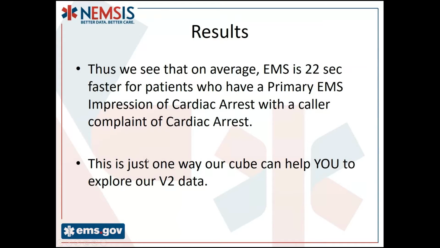So the result is that EMS is on average 22 seconds faster for cardiac arrest patients who are called in as cardiac arrest as compared to cardiac arrest patients where the call or complaint is something different. So that was the result of my query, and this is just one way that the cube can help you explore a version 2 data set in ways that maybe some of our dashboards can't.